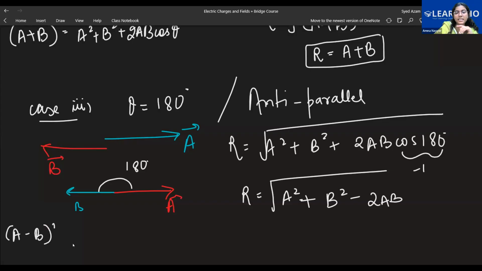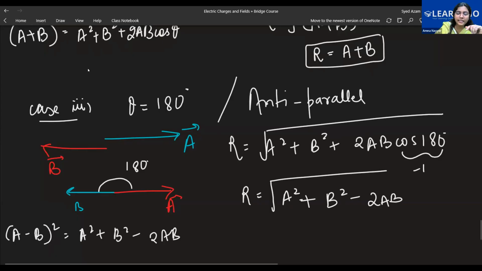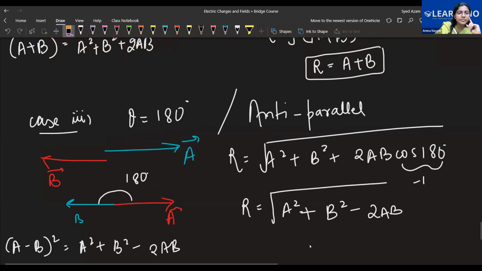Look, this is a square plus b square minus 2ab. Remember, try to recall your 8th class. In 8th class, you had these identities, right?